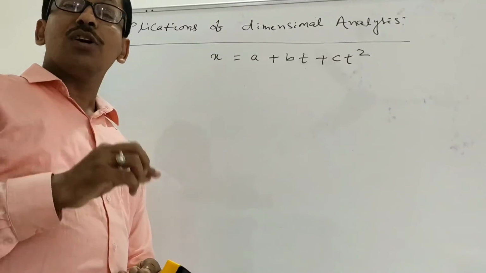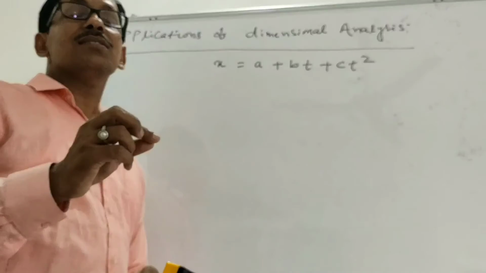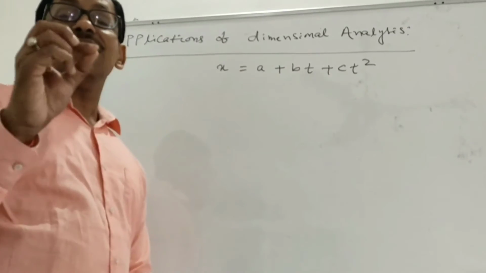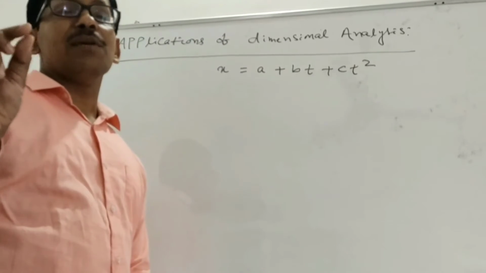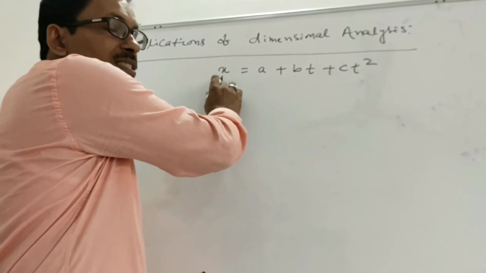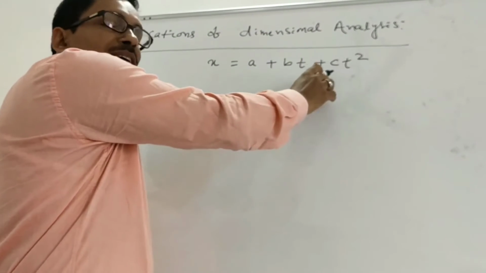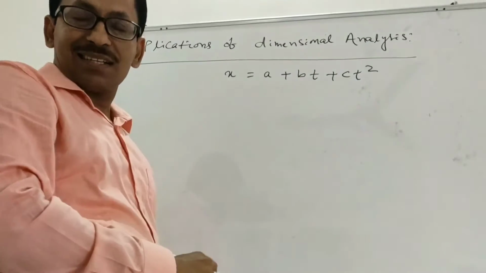According to the principle of homogeneity of dimensions, the dimension of each and every term remains the same. That means the dimension of x is the same as the dimension of a, the same as the dimension of bt, the same as the dimension of ct square.